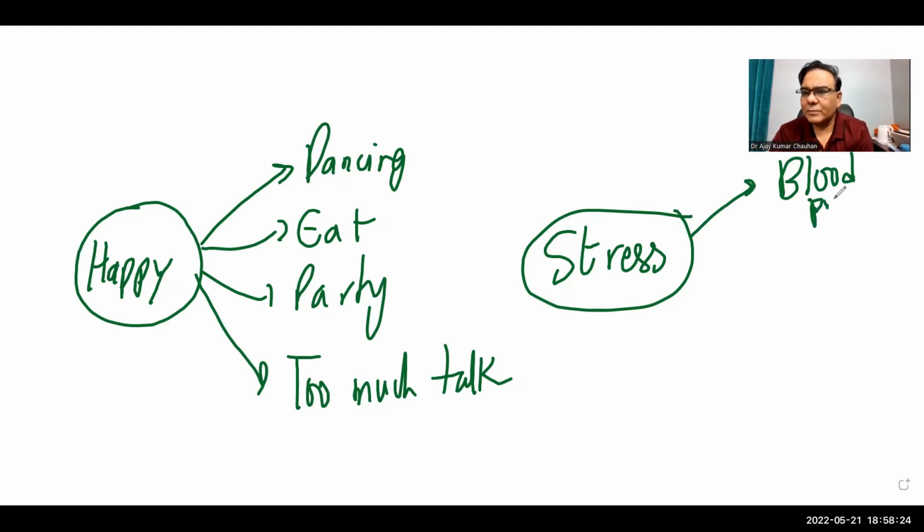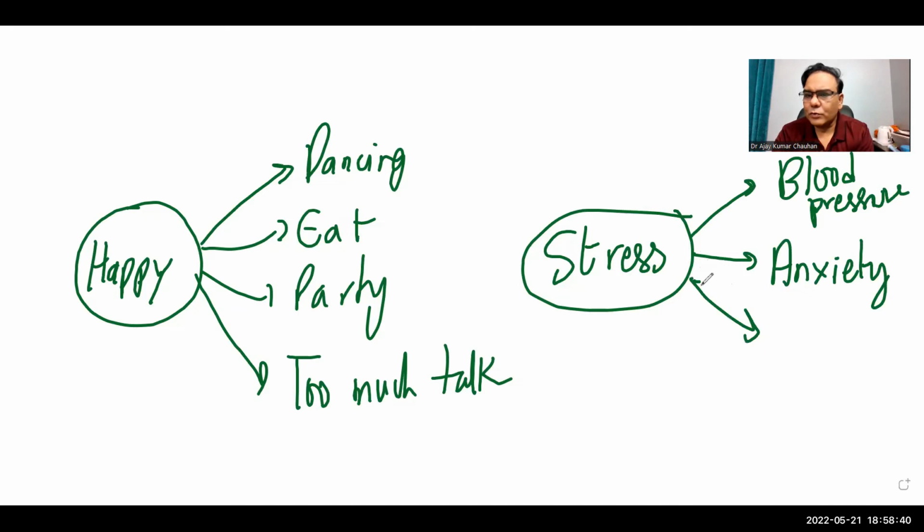Whenever somebody is in a high level of stress, the blood pressure shoots up. Then one of the symptoms I found is that the anxiety level increases. Then I also found the frustration level increases. So these are not reasons, but outcomes: high blood pressure, high anxiety, high frustration. These are the outcomes of stress.